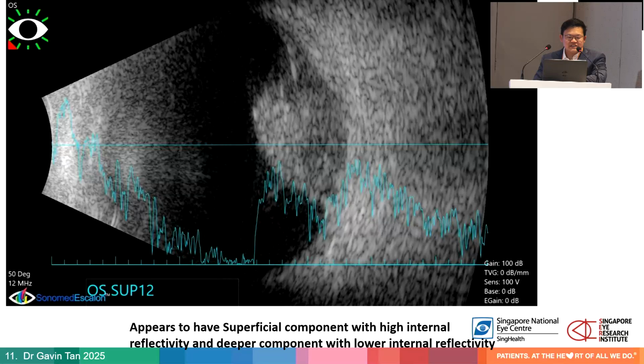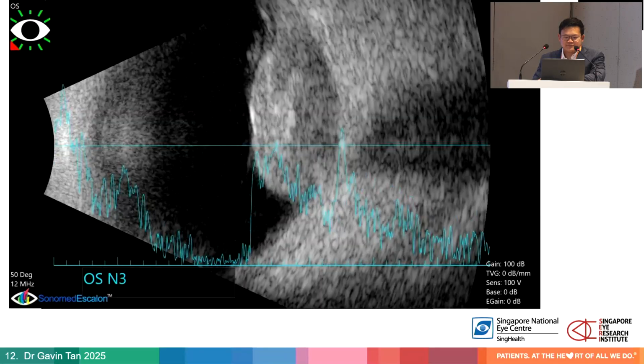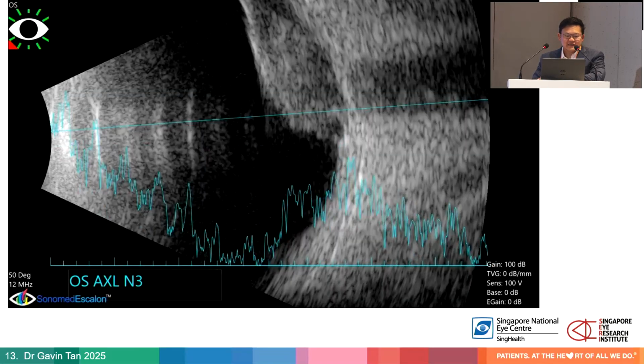There was at the anterior portion a high internal reflectivity, very bright signal, then a slightly lower internal reflectivity, almost but not quite an acoustic hollowing kind of appearance in the deeper layers. And that was consistent throughout the various cuts of the B scan.